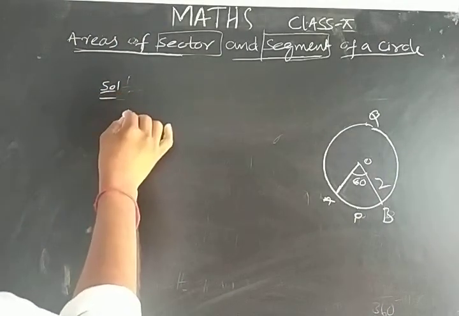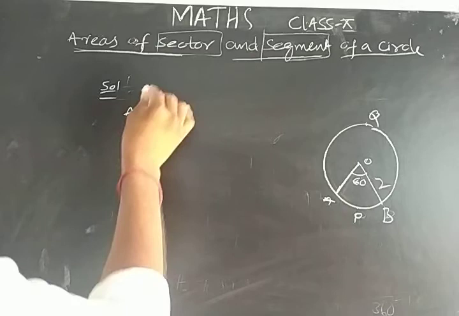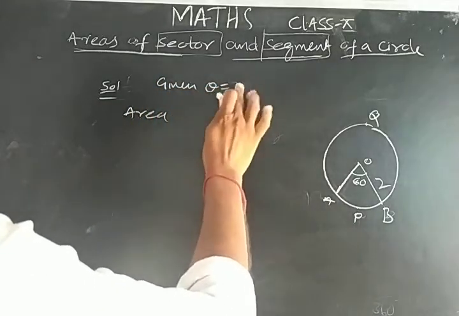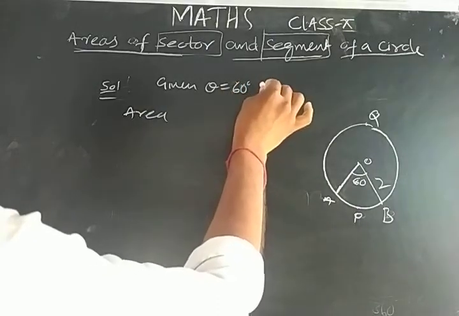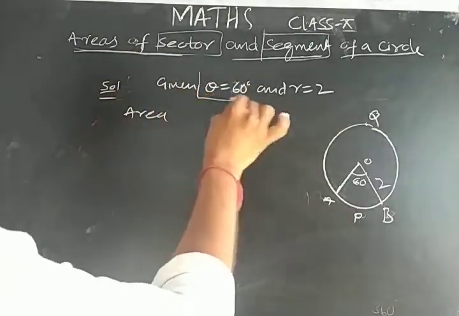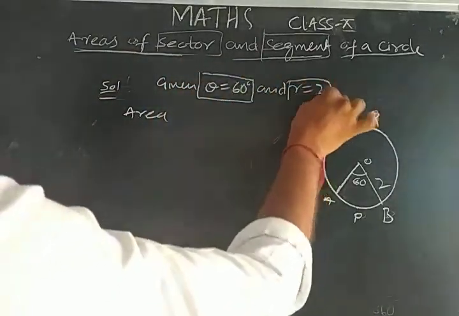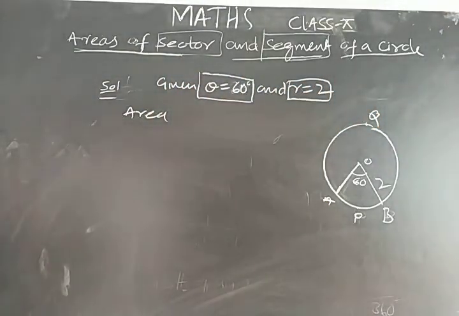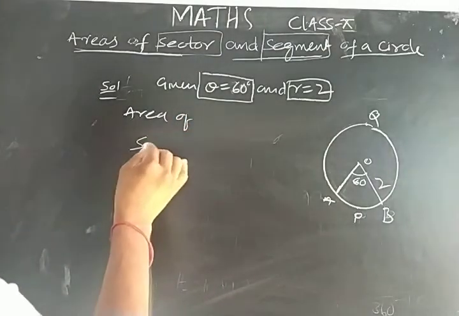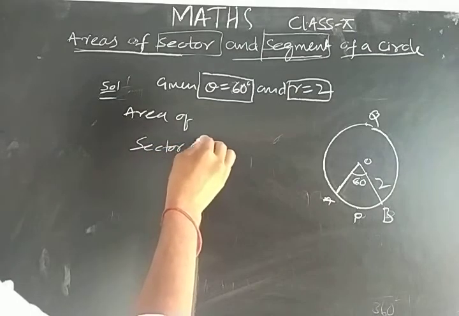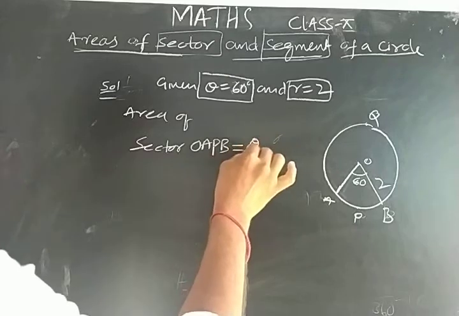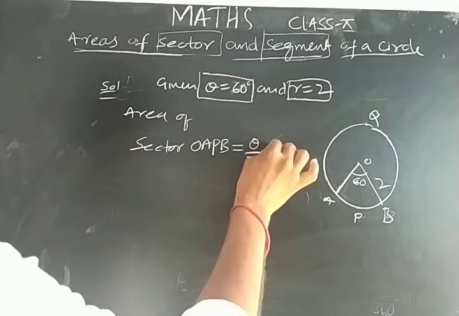Solution. Area of sector. What is given? The given angle is 60 degrees and the radius is 2. This is the given information, theta and r value. Now, area of sector OAPB. What is the formula? Theta by 360 into pi r square.